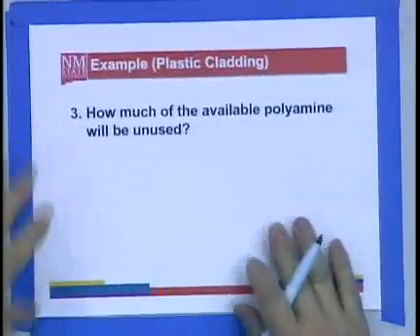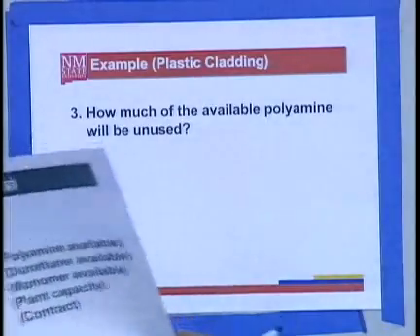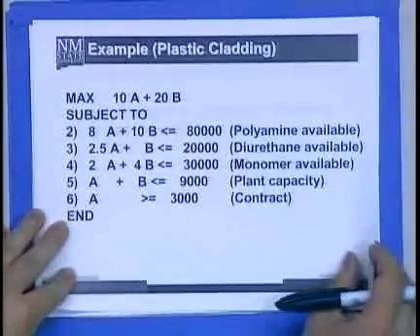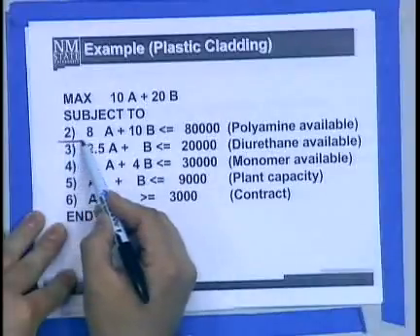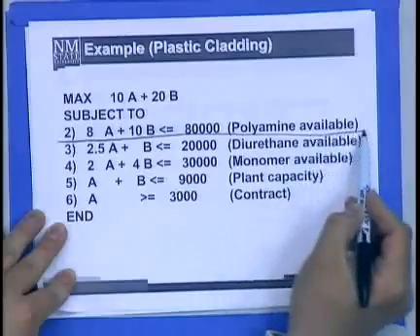Okay, how about number 3? How much of the available polyamine will be unused? And row number 2 is the resource constraint for polyamine, right?